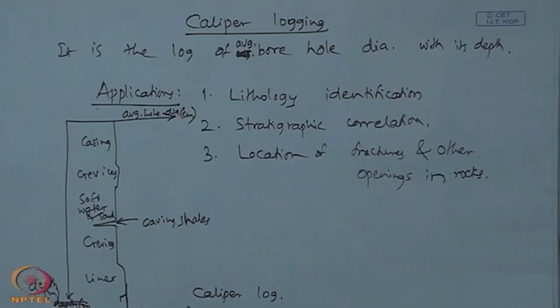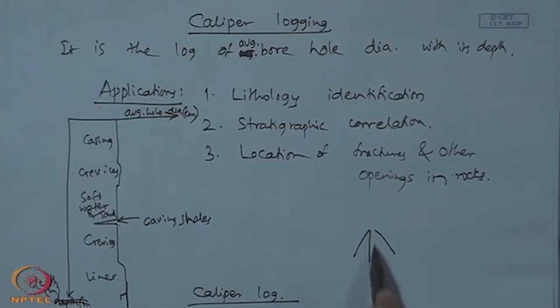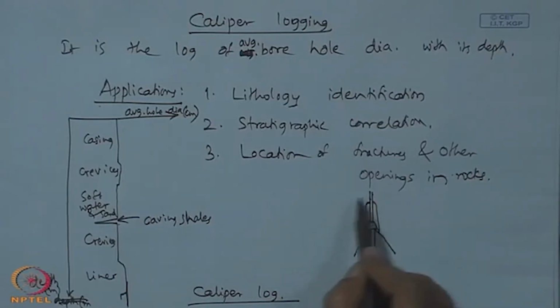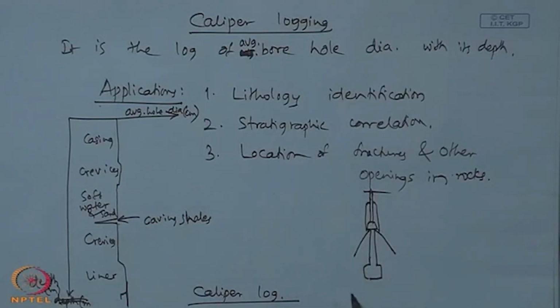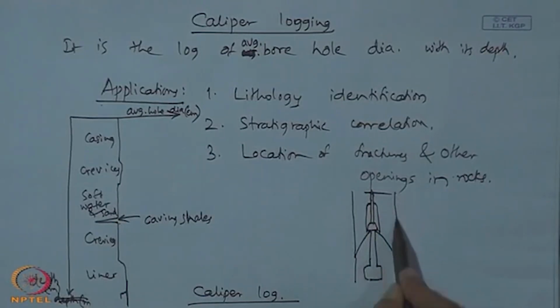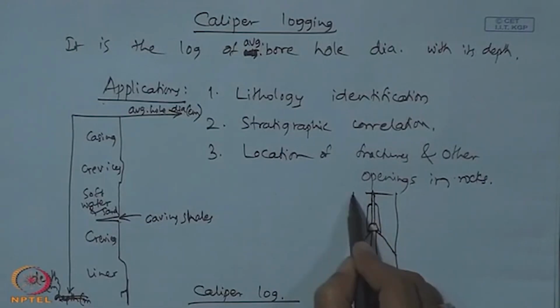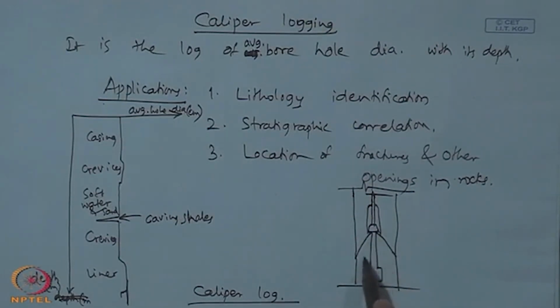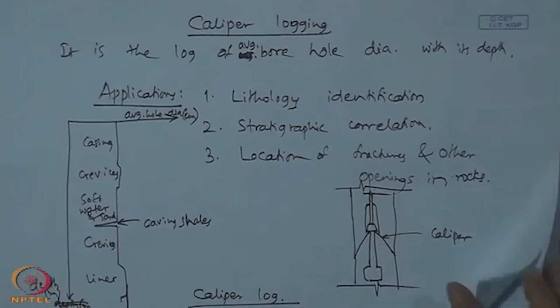So, this is a caliper log, a typical caliper, and here you can see the borehole with different rock formations. So, this is caliper logging.